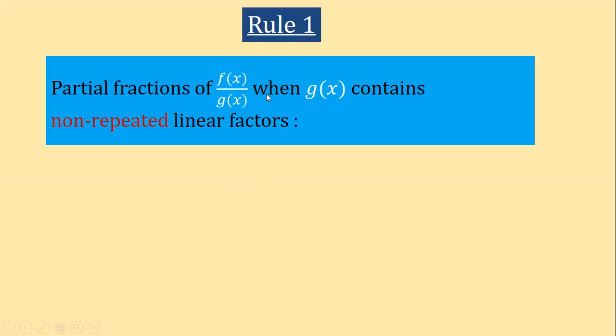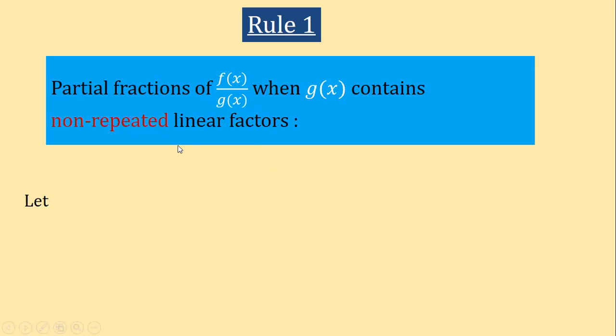When you are dividing a given proper fraction into partial fractions, the rule 1 tells us about f of x by g of x, our proper fraction, when g of x contains non-repeated linear factors. What is g of x? G of x is the polynomial in our denominator, and it should contain non-repeated linear factors. If g of x has non-repeated linear factors, how do we divide the fraction into partial fractions?